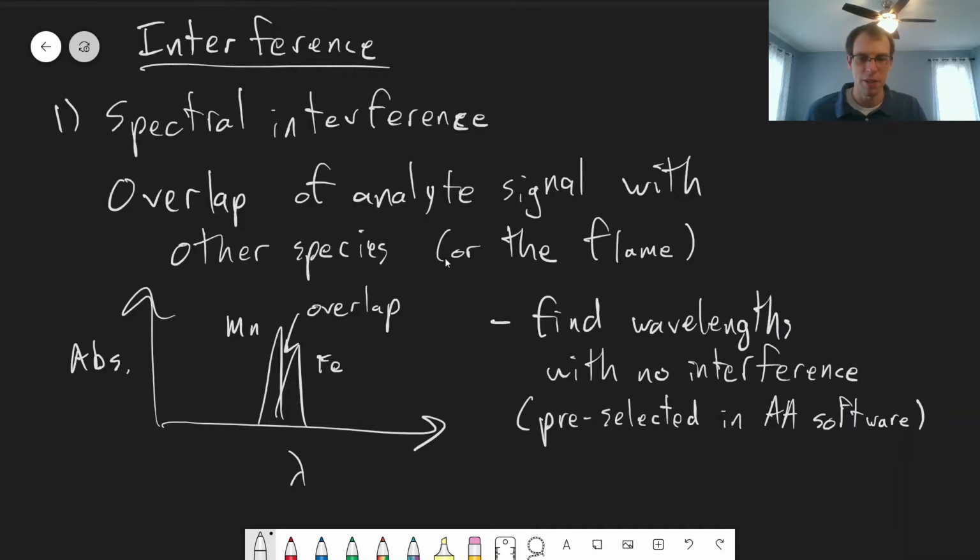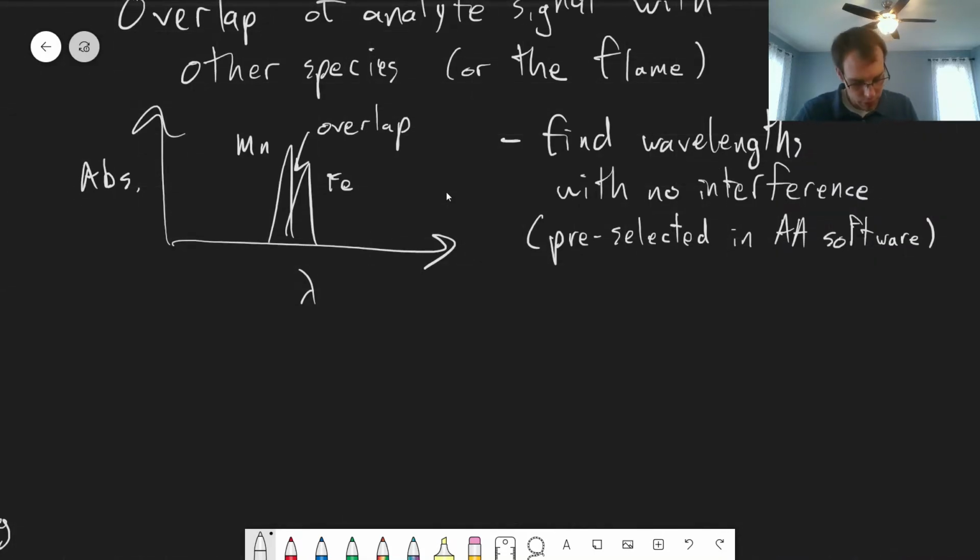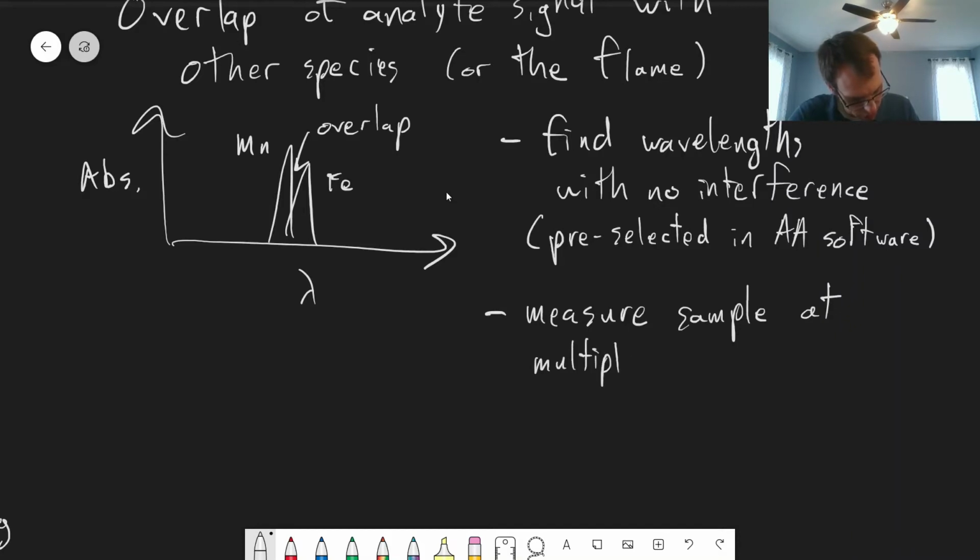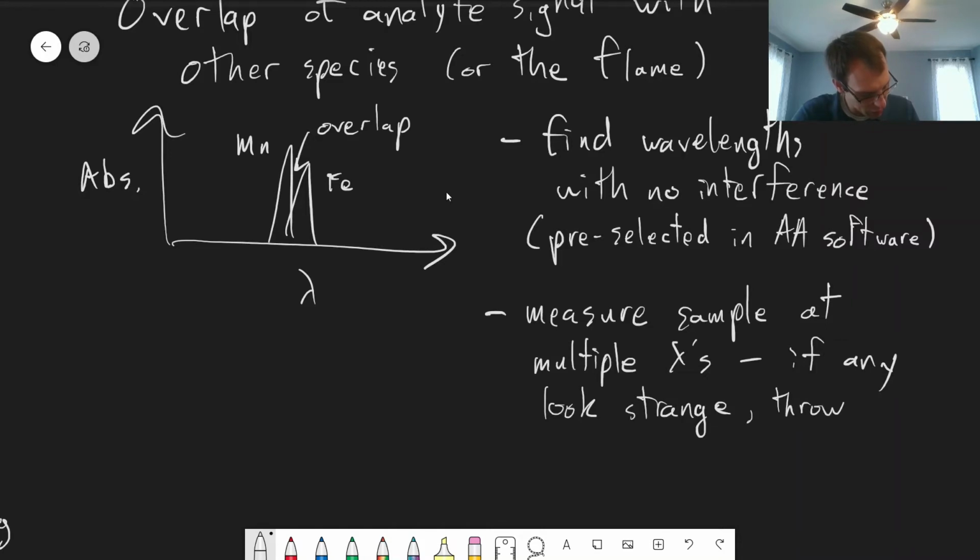One other possibility to get around this is to measure the sample at multiple wavelengths that correspond to your atom of interest. And if any of them look weird, you know that there's some interference happening there, and you just throw out those data.